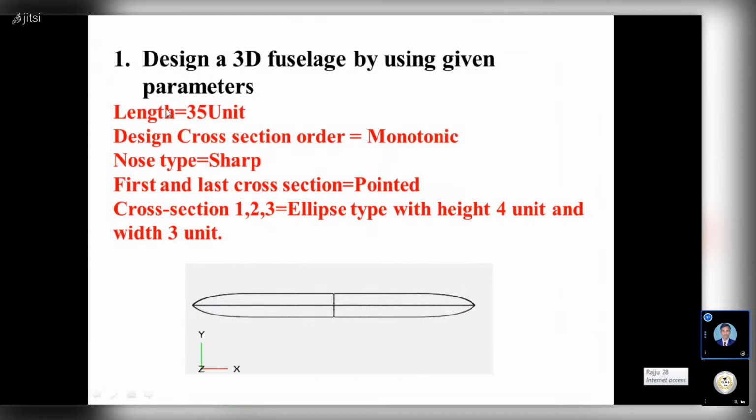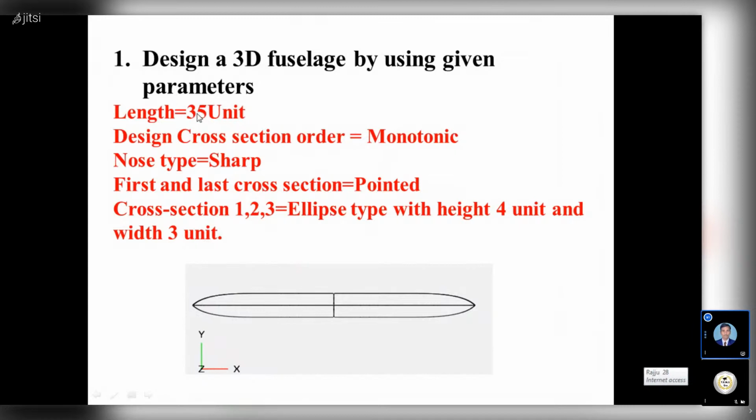Okay, so the length is 35 units. Why have I given units? Because in OpenVSP we don't have a particular measurement like meter, centimeter, kilometer, or millimeter.